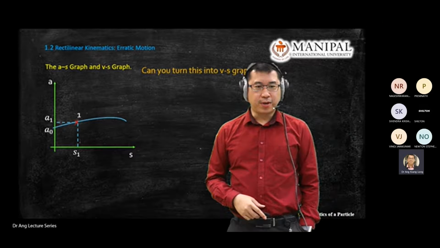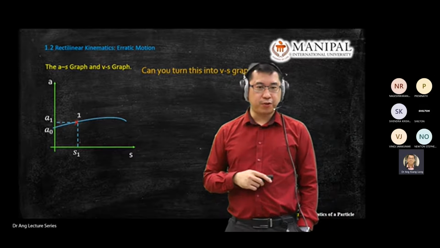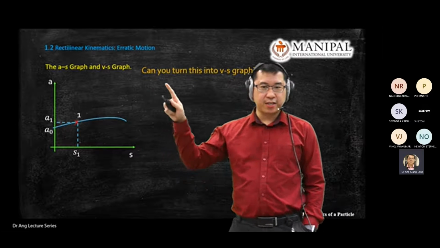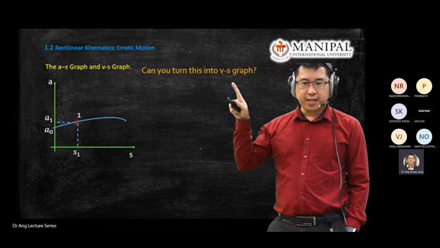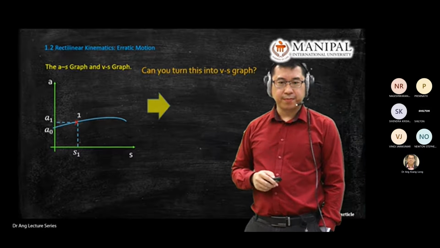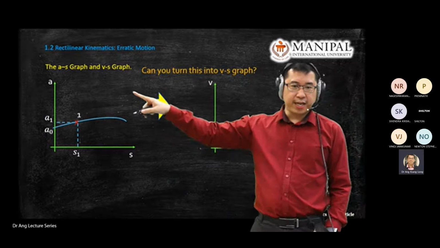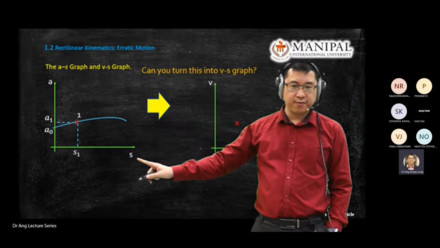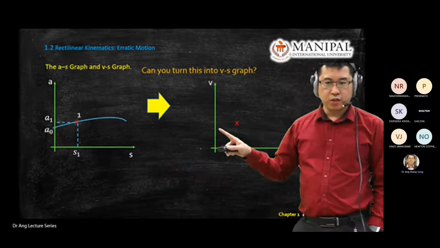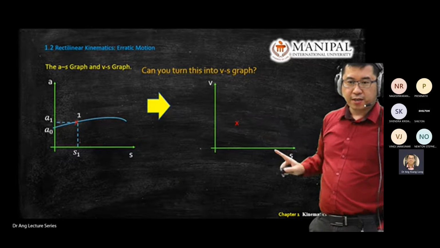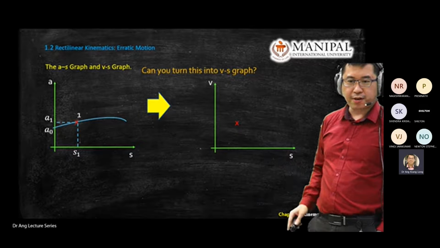Try to think what equations we learned before that link acceleration, velocity, and position. Try to change the A versus S graph to a velocity versus position graph.